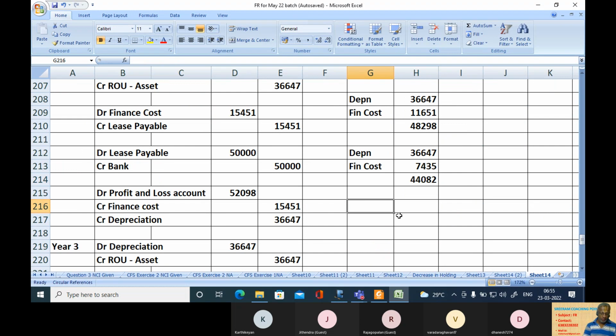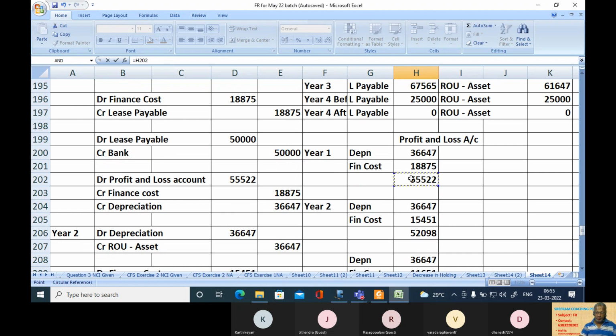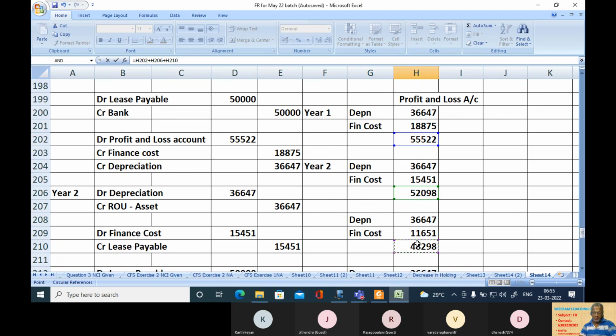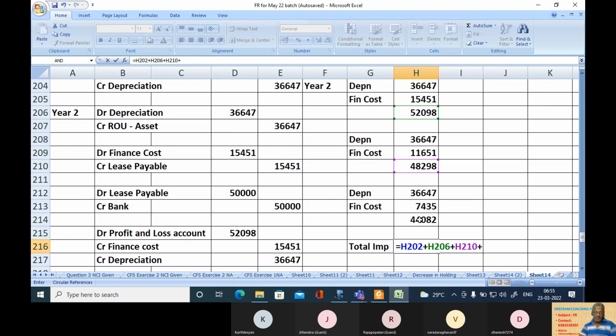Now, total impact. So I have to affect the total, this plus this plus this plus this, which is nothing but 50,000 into 4, 2 lakhs.